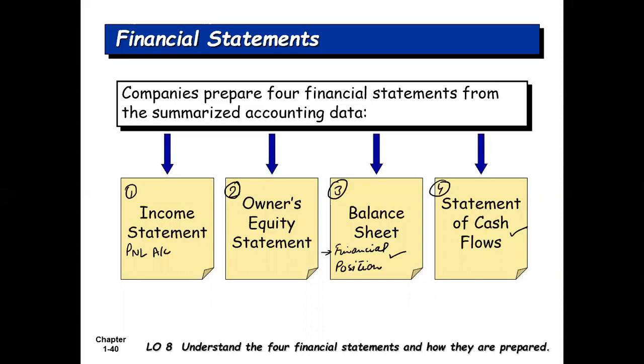And again, the statement of cash flow can be made in a direct method or an indirect method. We don't have to go into detail of these things right now, but we are going to get familiar with the components of these financial statements. And let me assure you that no matter how you prepare them and what kind of format you use, the components would be most of the time the same.